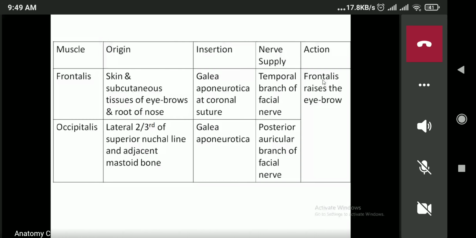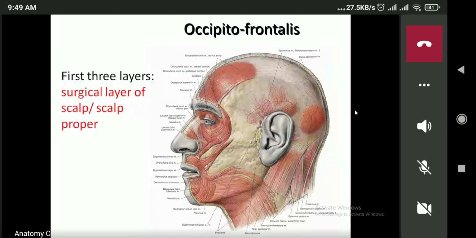This is just to show the epicranius muscle, which is the occipitofrontalis. This is the occipitalis, or occipital belly of occipitofrontalis, and this is the frontal belly of occipitofrontalis. Remember, the frontal belly has no bony attachment. It arises from the skin and subcutaneous tissue over the eyebrow and the root of the nose, and is inserted within the galea aponeurotica.